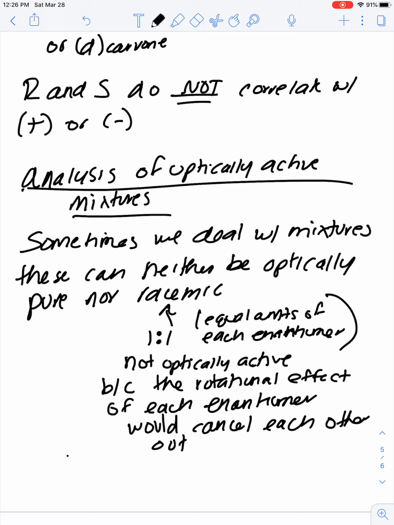So for the carvones, if you had a racemic mixture, that would be a 1-to-1. We would have something rotating at minus 62 degrees and then plus 62 degrees. So these two values are just going to cancel out, and we would say that it's not optically active.